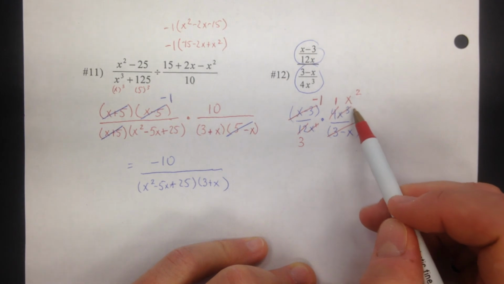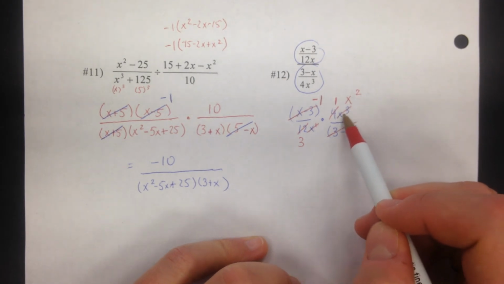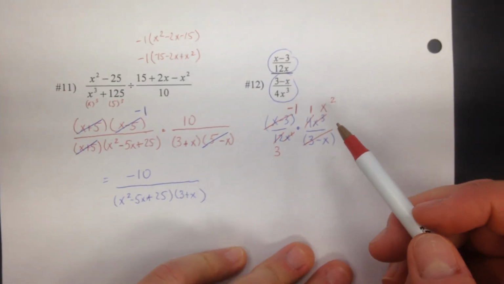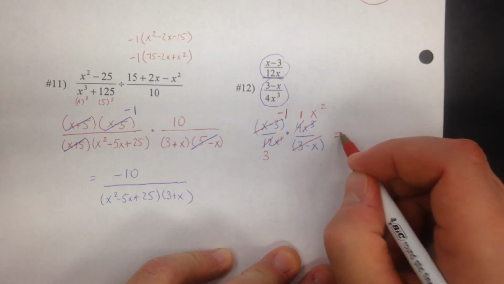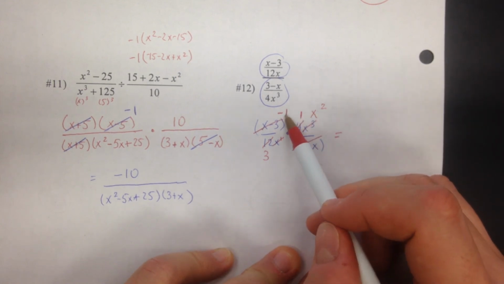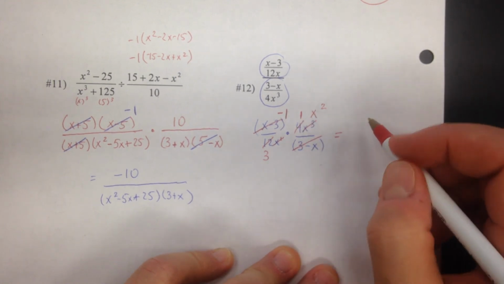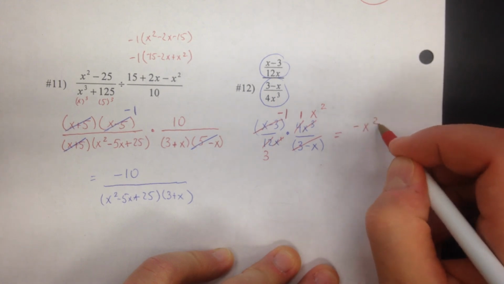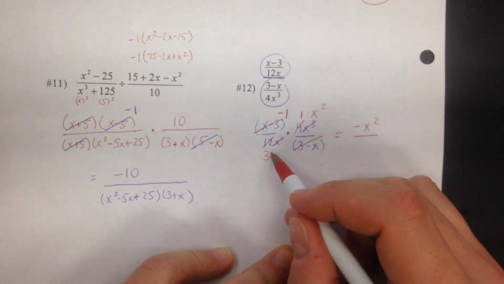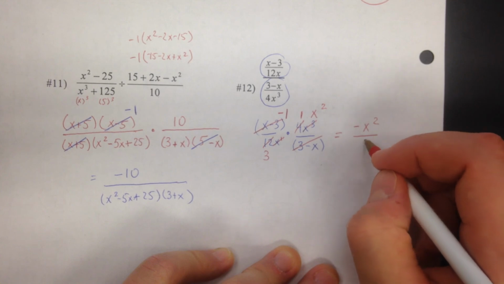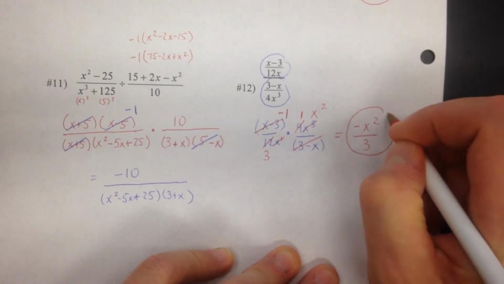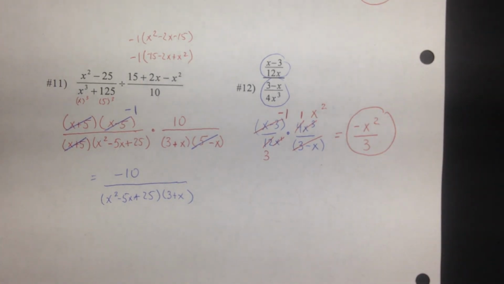That stays up top because the bigger exponent is already in the top. So now we'll multiply here. We get -1 times x squared is just -x squared over, in the bottom here, all we have is 3. So we get -x squared over 3.